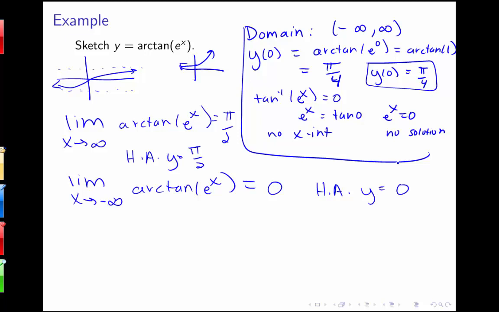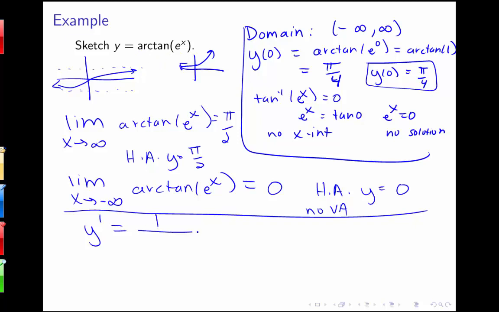Okay, so now I need to start considering some derivative information. So I've got these asymptotes. There aren't going to be any vertical asymptotes since we don't have anywhere where the function is not defined. Okay, so what about some derivative information? Well, the first derivative is going to involve us using the chain rule.